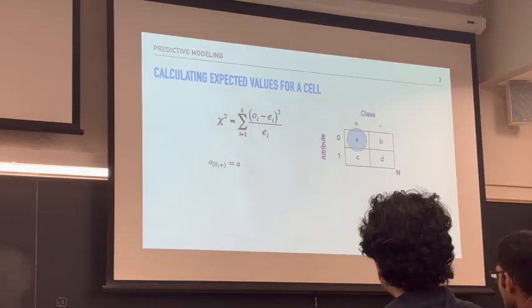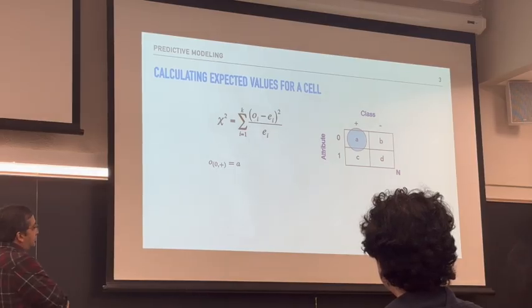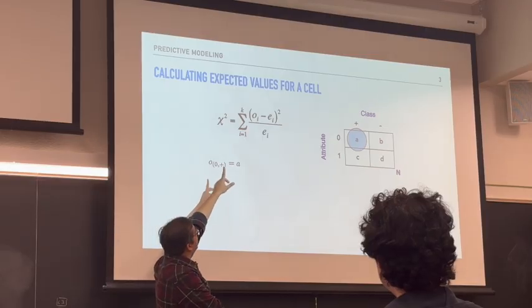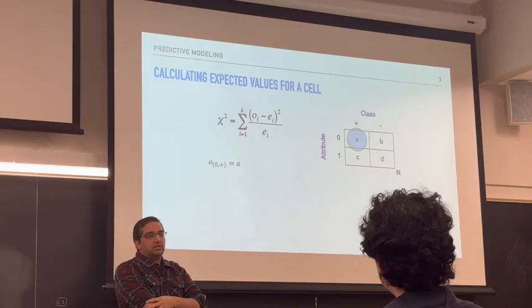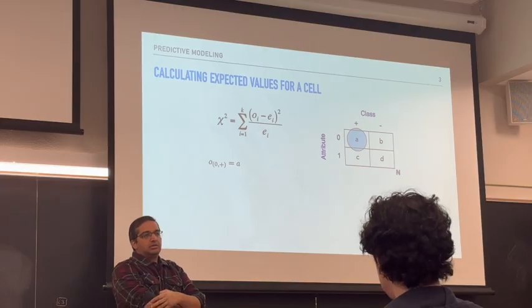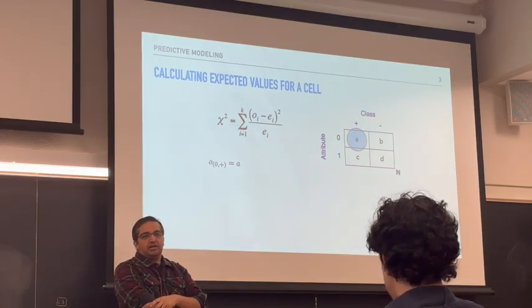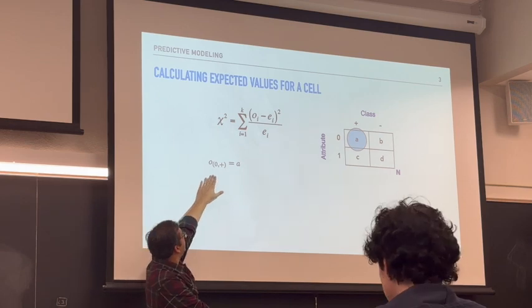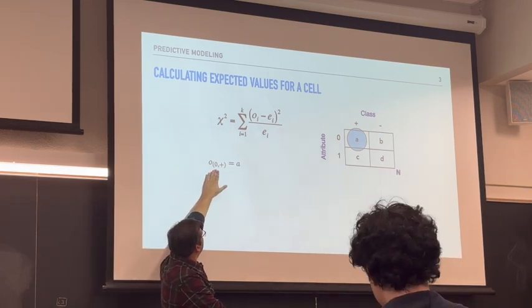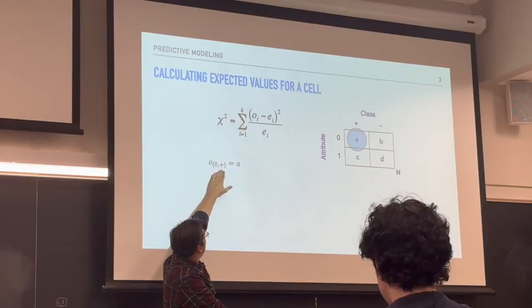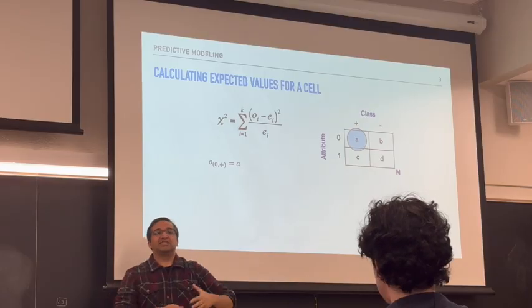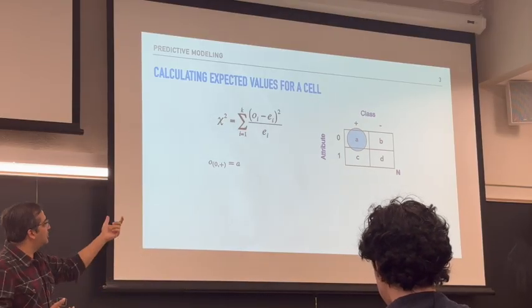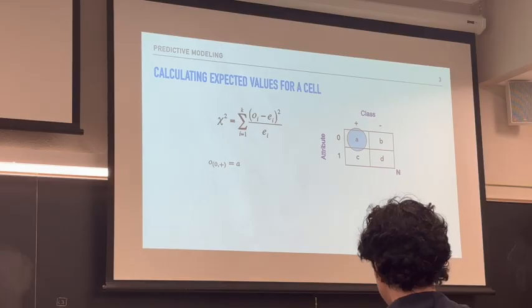So O_i is the actual value. i will go from 1 to k, where k is the total number of values of that attribute, right? Okay, so for O, we'll say if the attribute value is 0, and the label is plus, how many times does this actually occur in the data? From the contingency table, we know that that happens a times, right?